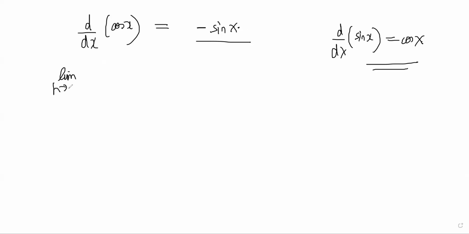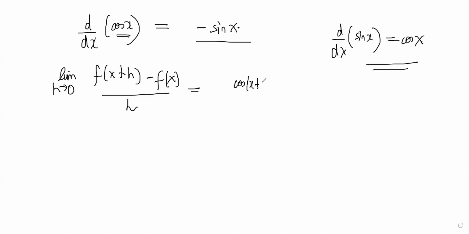So limit of h tends to 0, f of x plus h. Now my function is cos x. So it will be cos of x plus h minus cos of x whole divided by h, and limit h tends to 0, right?